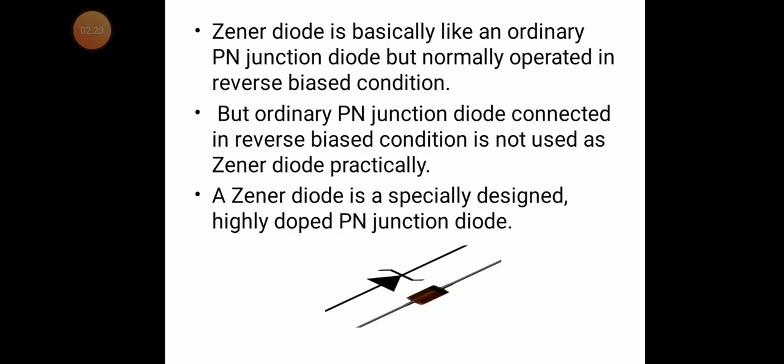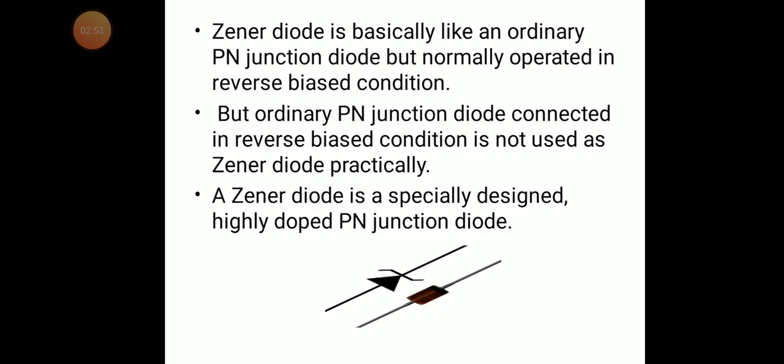Let us recall the PN junction diode. The PN junction diode has two biases, forward bias and reverse bias. In the forward bias, current flows, which is like a short circuit. We can say simply that the PN junction in the forward bias is on.